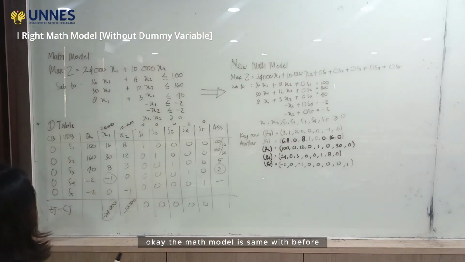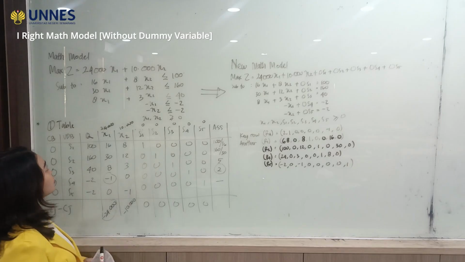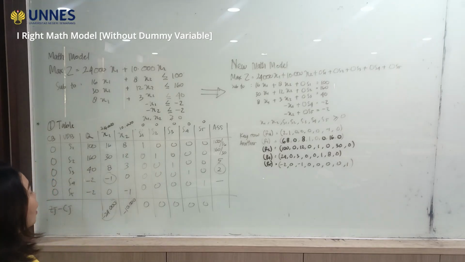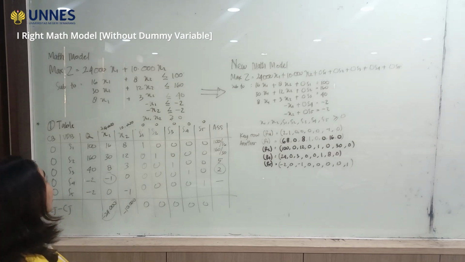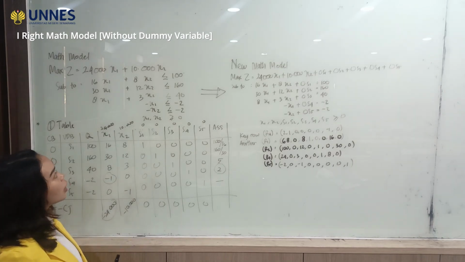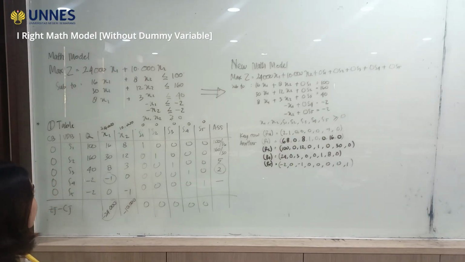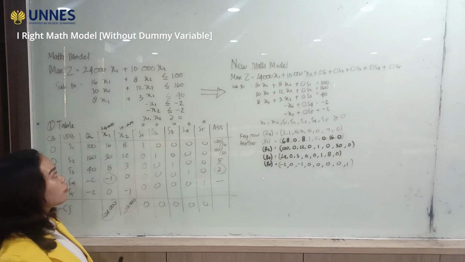So from that question, you must make the math model first. The math model is the same as before, that is maximum Z equals 24,000 x1 plus 10,000 x2, subject to 16 x1 plus 8 x2 less than or equal to 100, and then 30 x1 plus 12 x2 less than or equal to 160, and then 8 x1 plus 3 x2 less than or equal to 40.